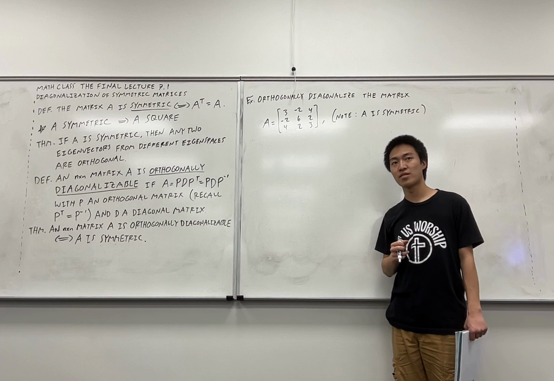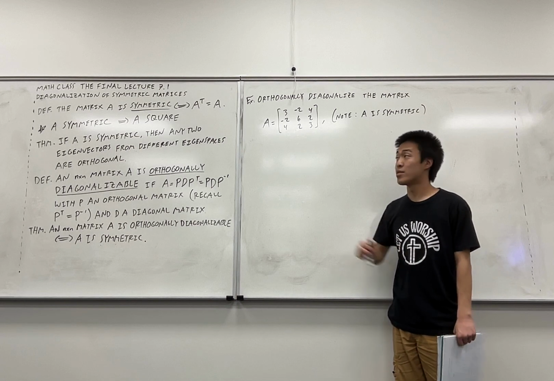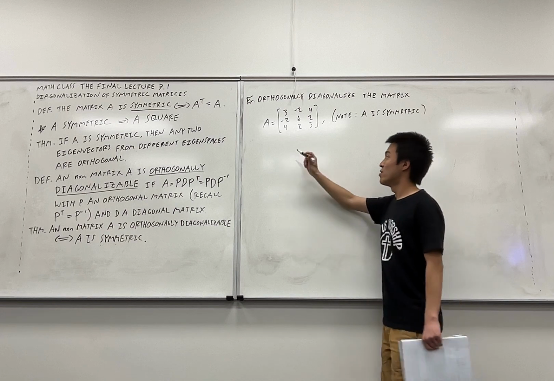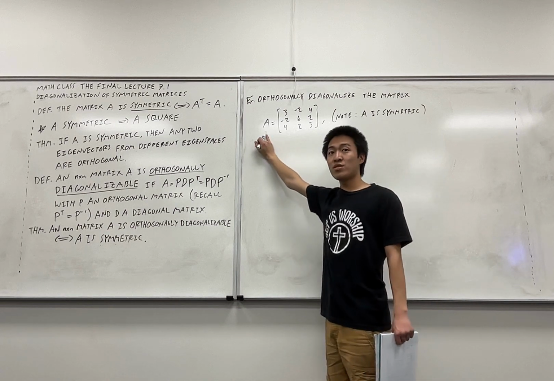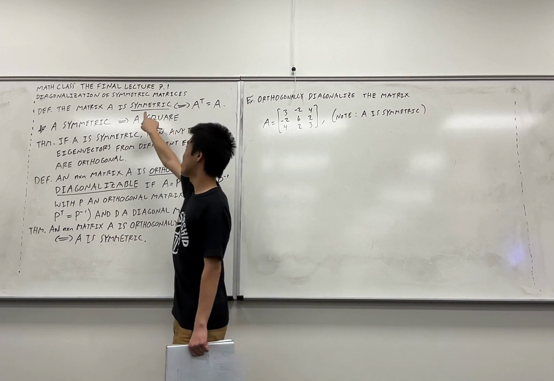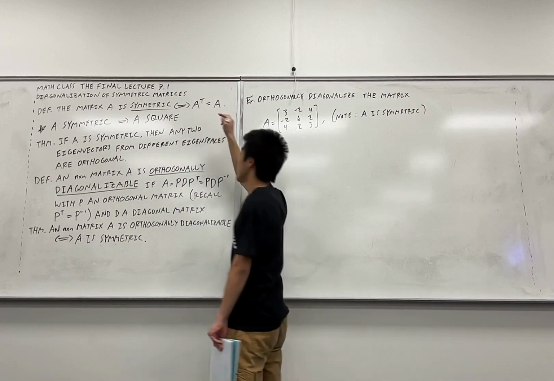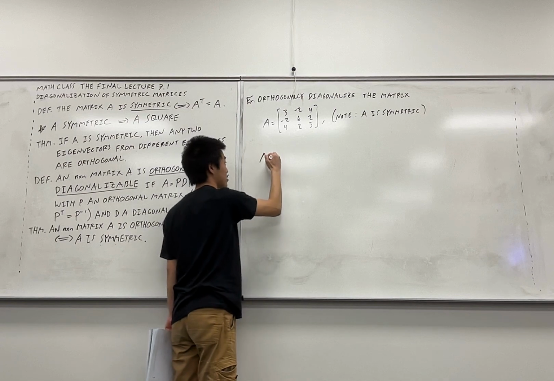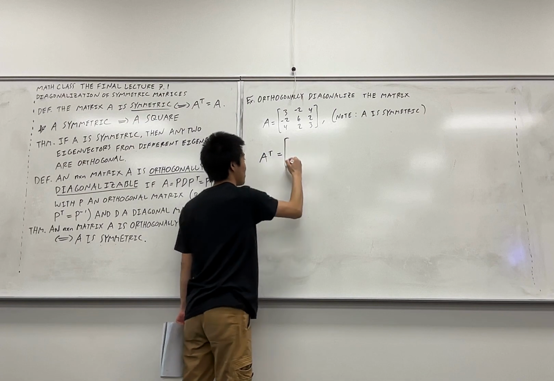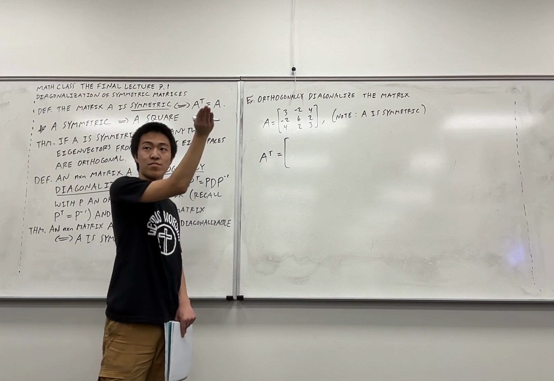So how do you know that this one's symmetric? Well, compute what the transpose is. By definition, I'll know it's symmetric if I take its transpose and it doesn't actually change anything. So if I want to take the transpose of A, what that means is I'm going to take every single column, and instead of writing it as a column, I'll write it as a row.